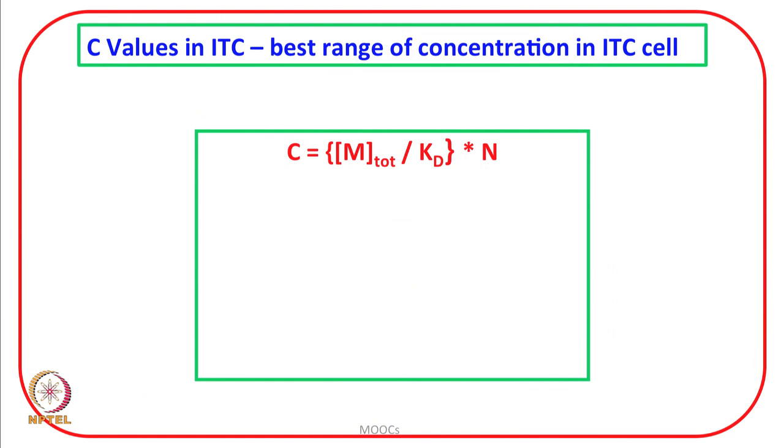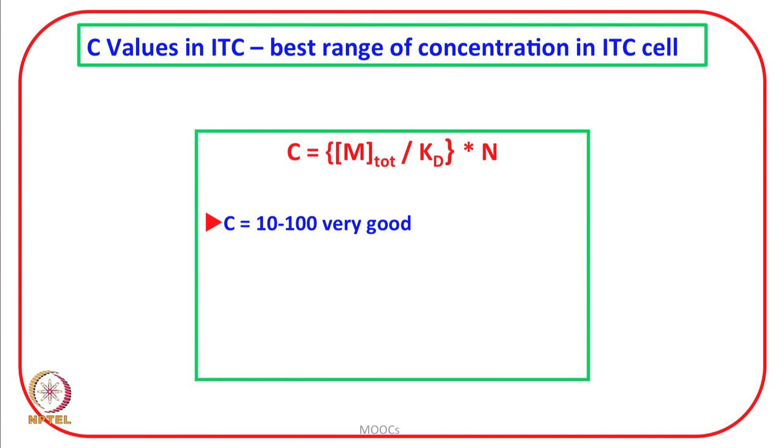Let us take a look at the slide now. What is the best range recommended in terms of concentration? Now, here you see I have defined C as total protein concentration divided by the dissociation constant.